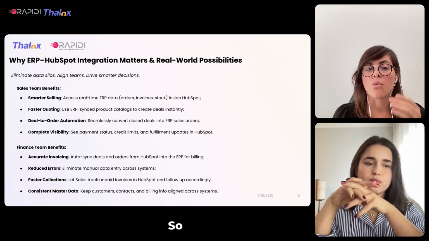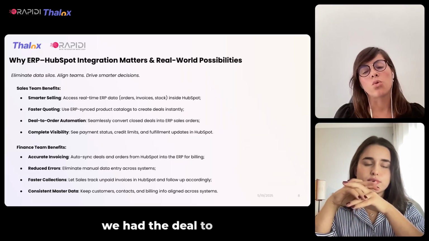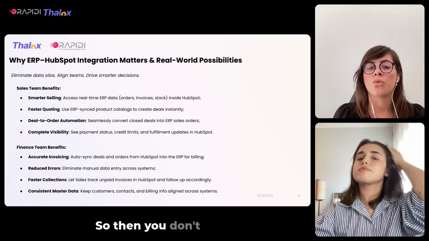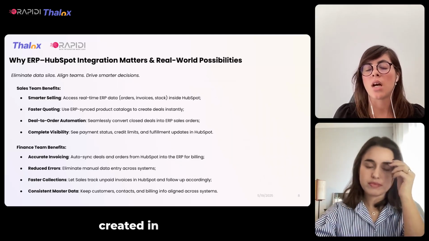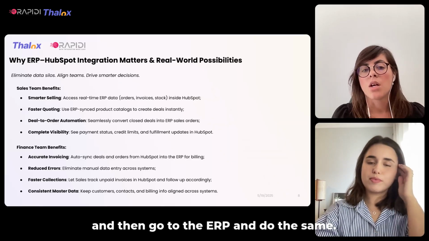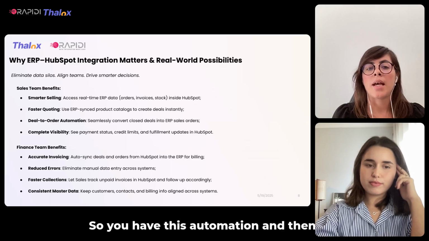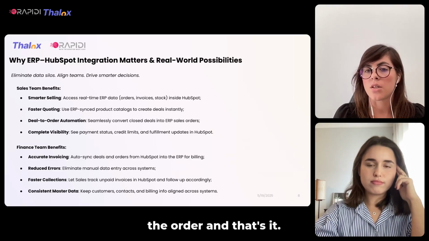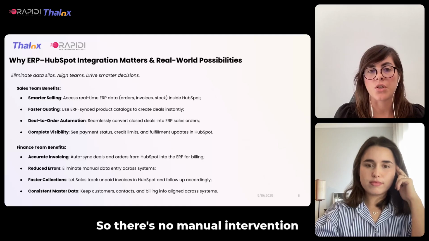Another important aspect is that you have automations in place. For example, we had the deal to order process, and this can be automated. So you don't need to have the deal created in HubSpot, process it, close it, and then go to the ERP and do the same. You have this automation, and the sales teams just have to check the order, and that's it. There's no manual intervention here.